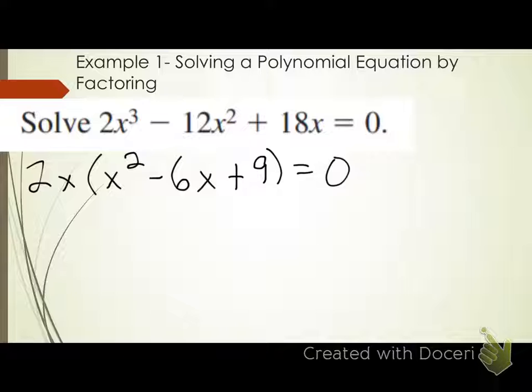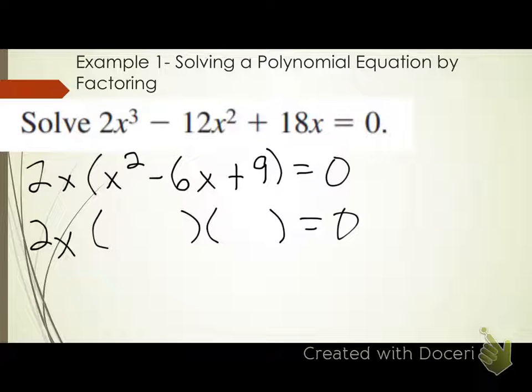Everyone okay factoring out a GCF? Okay, can anything else be factored here? Yeah, I see. Both of y'all are on the same page. X squared minus 6x plus 9 can be factored further. Don't forget about your 2x. That's got to come along for the ride.